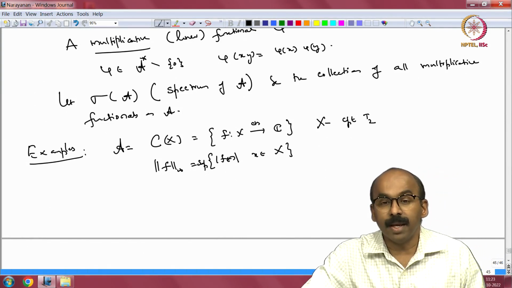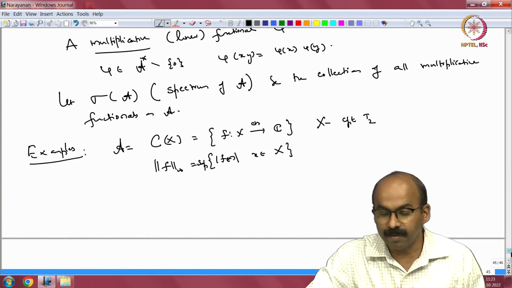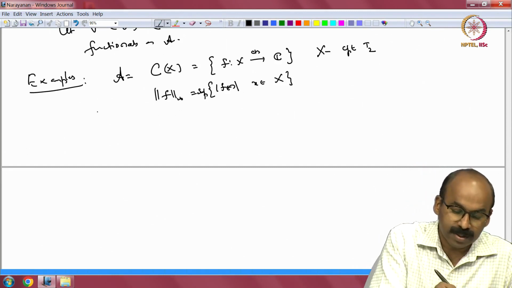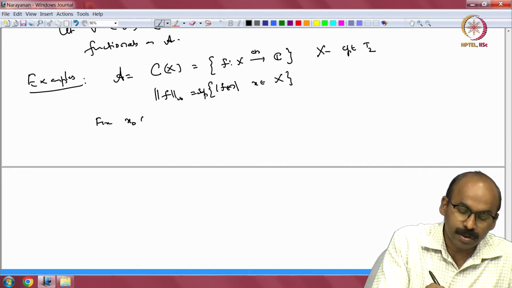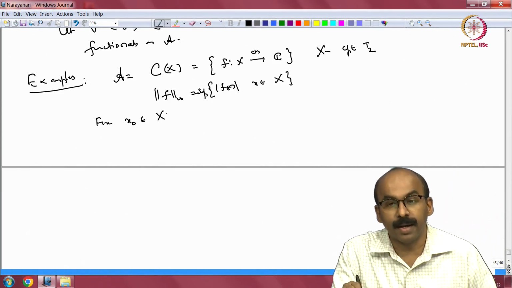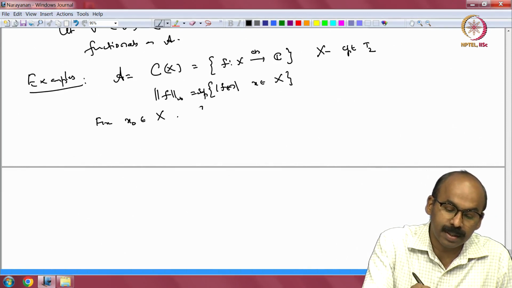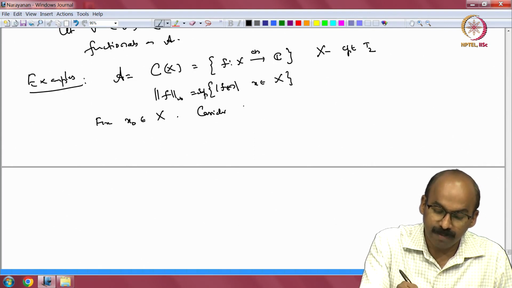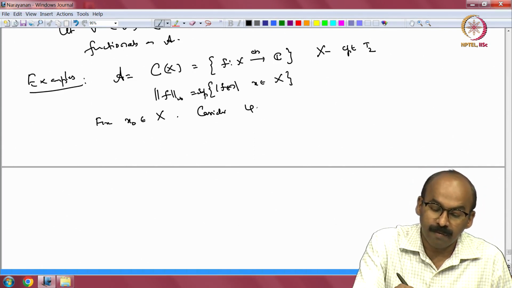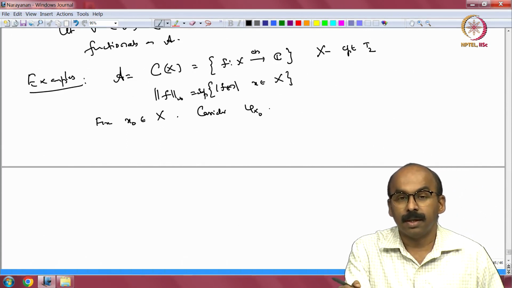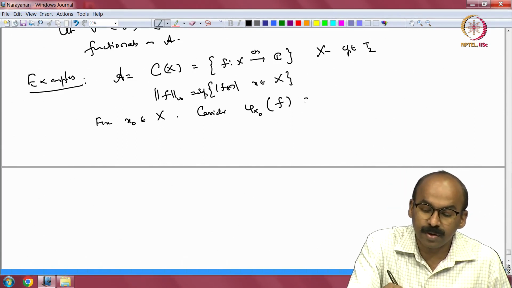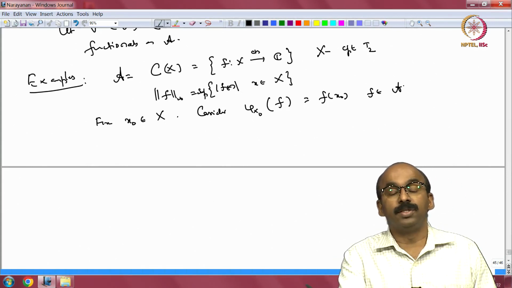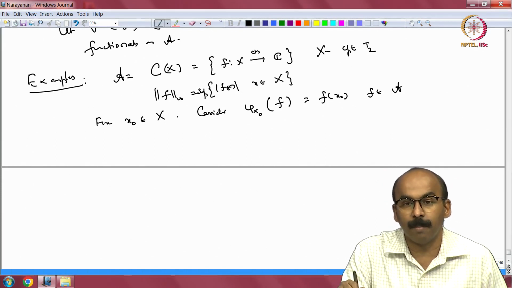We will characterize the multiplicative linear functionals on this space, but not now. Let us look at some examples. Fix x naught in X. I take a point in X and consider, let us give it some name, phi subscript x naught, of f is equal to f of x naught, for f in A. A remember is your C of X, continuous functions on X, which is a compact Hausdorff space.